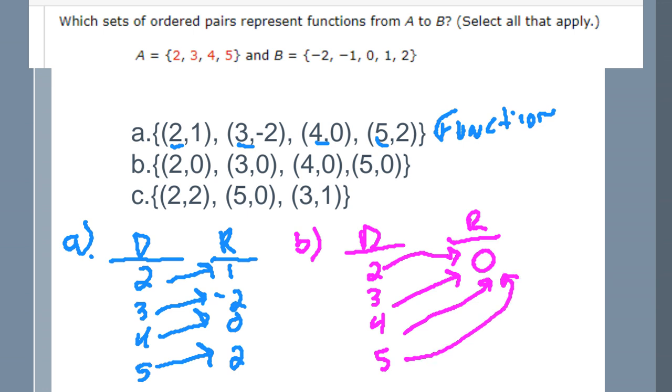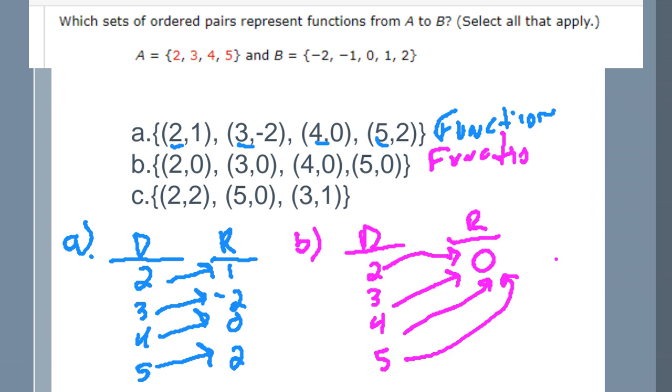Again, the question is, does the number 2 go to just one thing in the range? Yes, it goes to 0. 3 goes to 0, 4 goes to 0, 5 goes to 0. They're each going to just one thing in the range, and it just happens to be the same number in the range, and that's okay, as long as the number 2 does not go to a different value. So this still makes it a function.